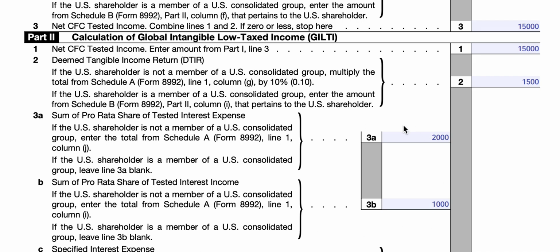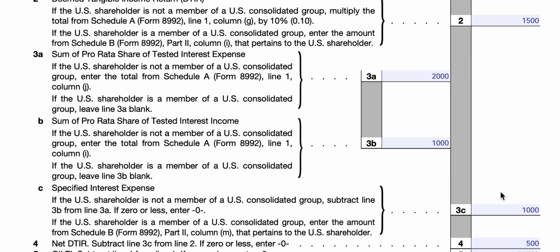Now, if the shareholder was a member of a consolidated group, you would leave these two blank, and then you would fill in information in line 3C based on the instructions here.